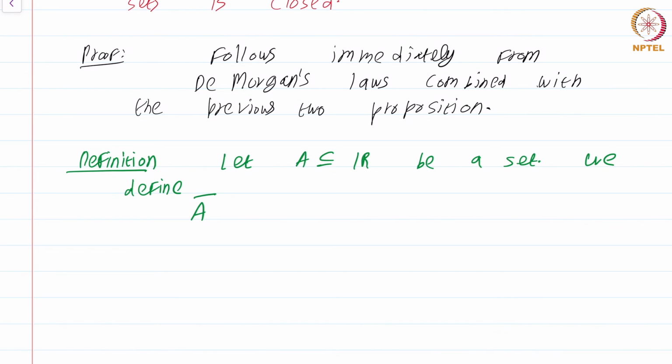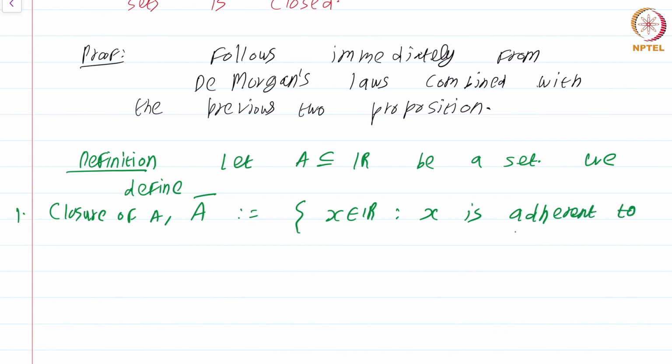This is called closure of A. This is nothing but X in R such that X is adherent to A. Okay.